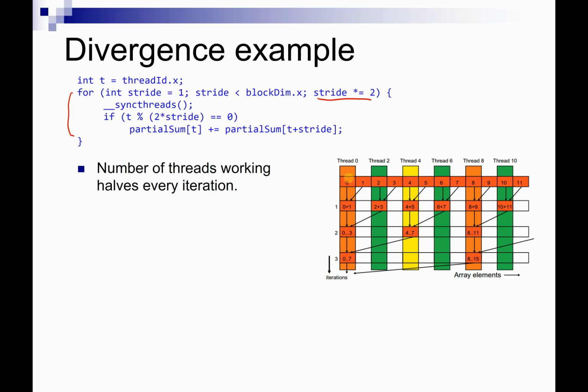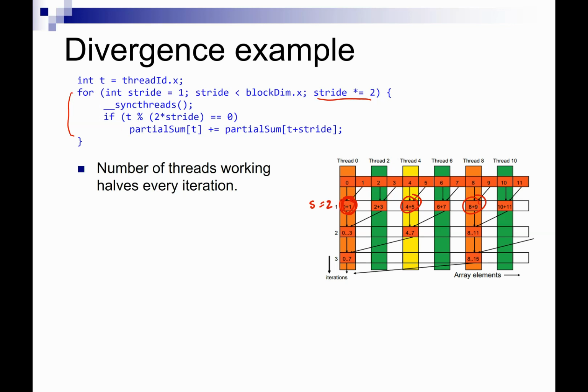Initially, when the stride is 1, you take threads 0, 2, 4, 6, 8. When the stride is 2, you take threads 0, 4, 8, and so on, which do the addition.